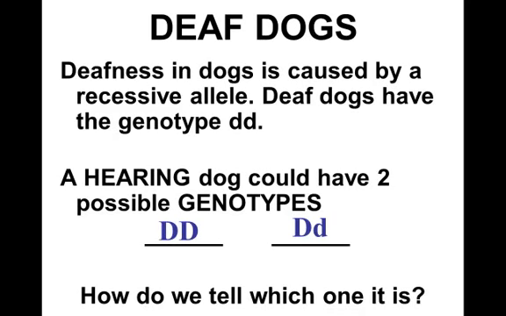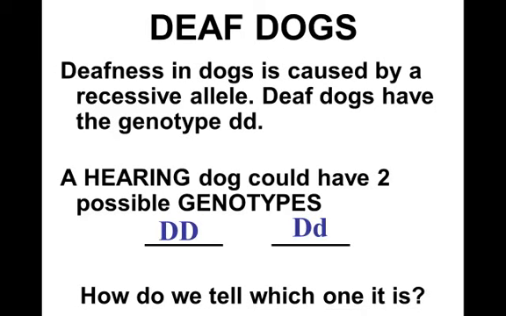So let's do a little cross and practice this. One of the causes of deafness in dogs is a gene, a recessive allele, that causes the puppies to be born deaf. So if you have the little d, little d genotype, you would have a deaf puppy.